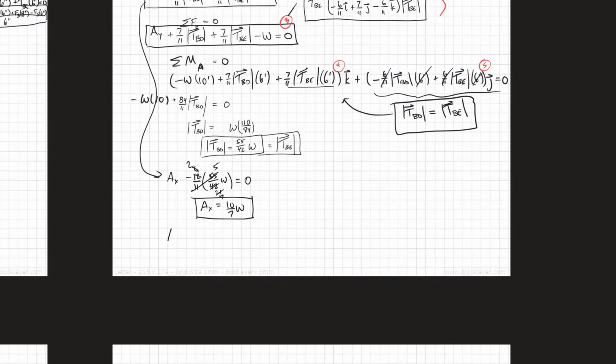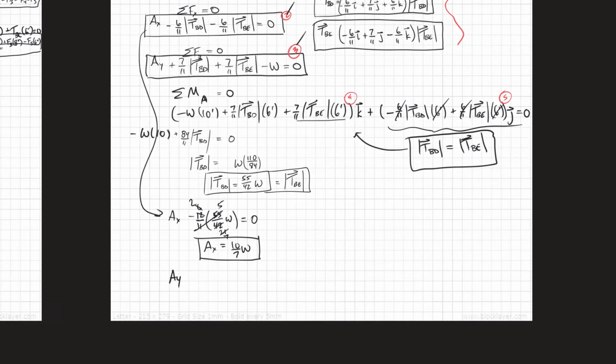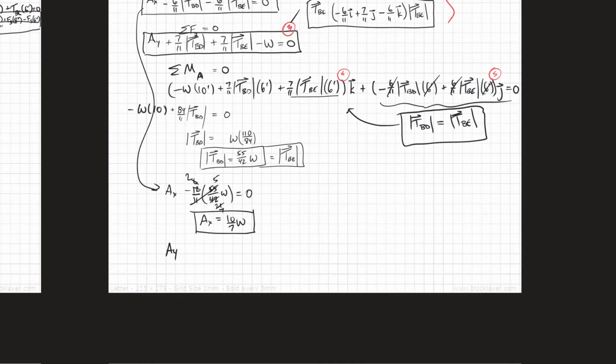I could say AY plus 7 over 11 plus 7 over 11, so I'm going to make that 14 over 11 times TBD or TBE, either one, they're the same. So 55 over 42 W equals 0. And this is going to become a 5, the 14 becomes a 7, and this is going to become a 21.